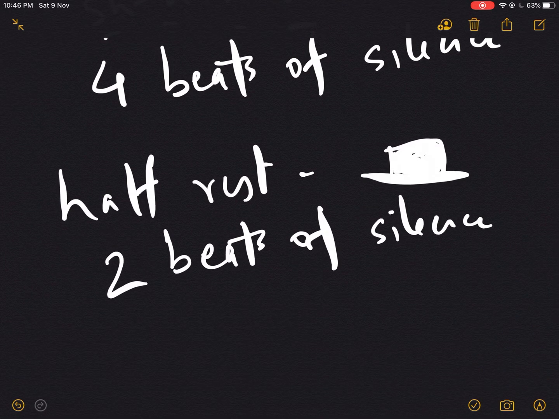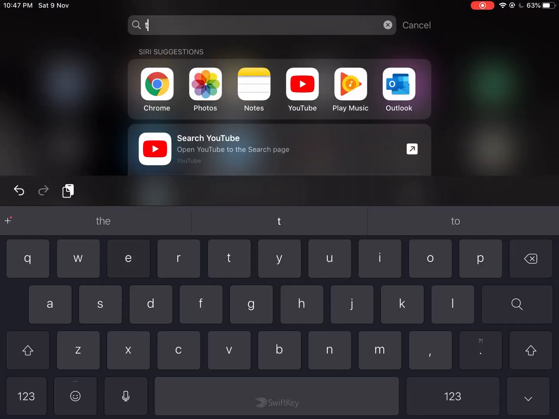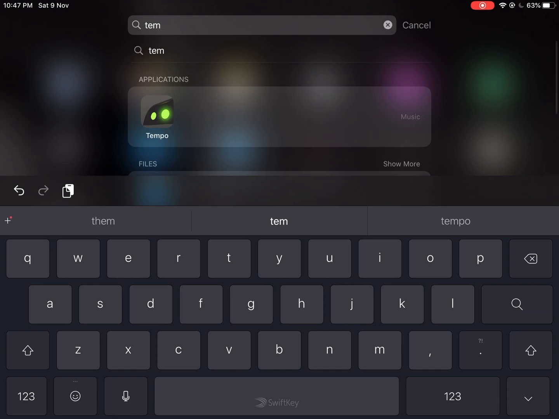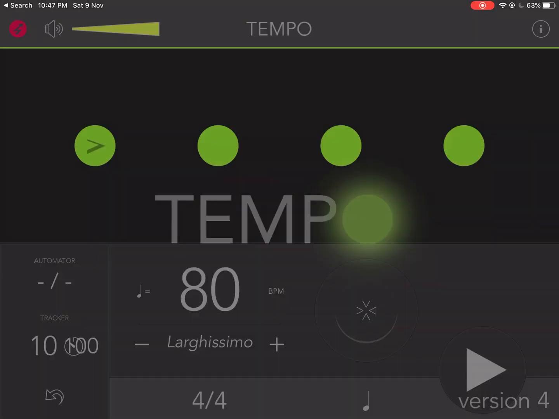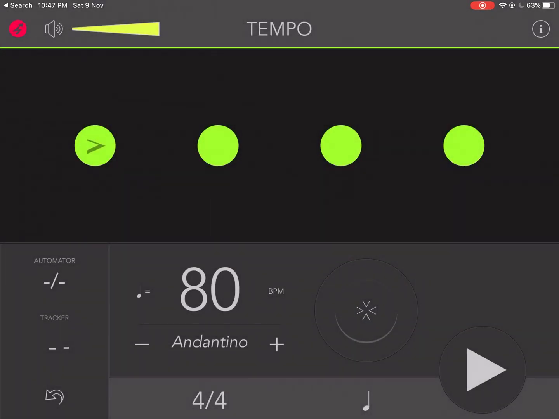Now it's time for us to perform this whole rest and the whole note on the metronome. So I'm going to call up tempo. And every time I demonstrate how to perform, I'm always at 80 BPM.